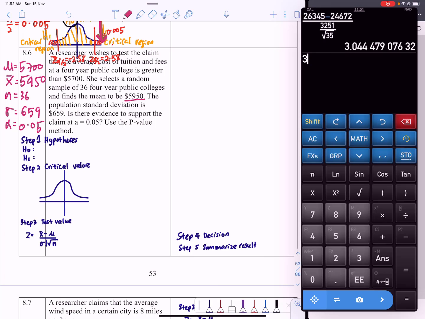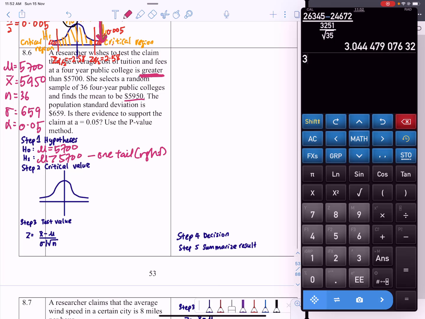Then we write the hypothesis. The null hypothesis is mean equals 5,700, and the alternative hypothesis is mean greater than 5,700. This one is one tail, at the right tail.